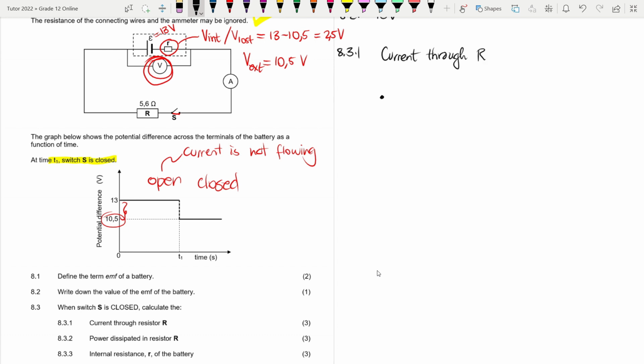What I like to do is draw a little sketch for myself. I represent resistor R here, which has a magnitude of 5.6 ohm. I'm going to write everything I know about this resistor. It's the only one in the circuit, which means the voltage across it is how much?